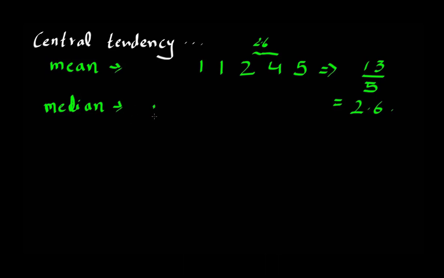If I say these are the five elements: 12,000, 13,000, 14,000, 15,000 and 1 lakh, and this is the data that I have collected for prices of an apartment.